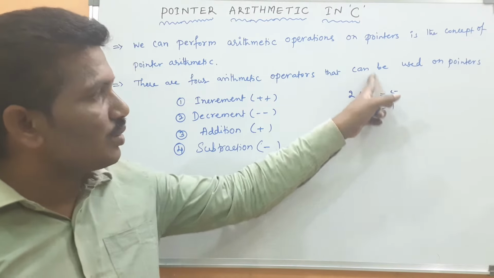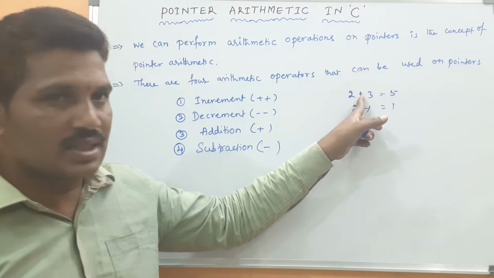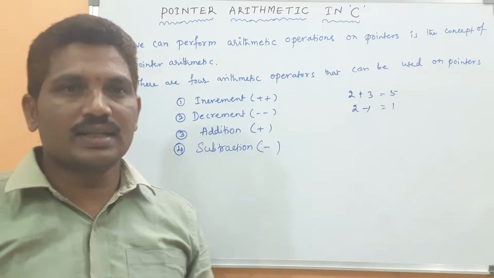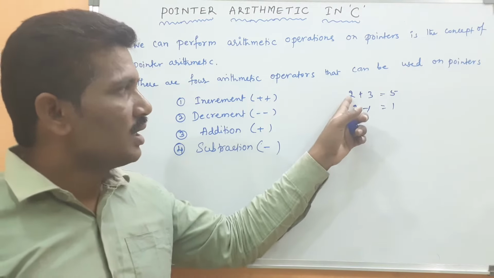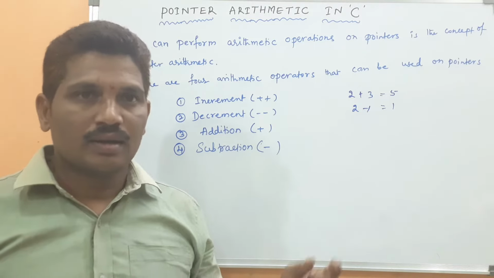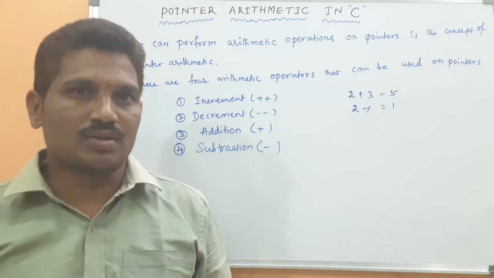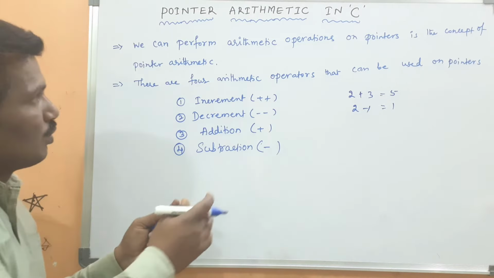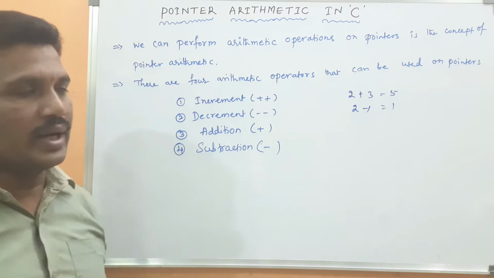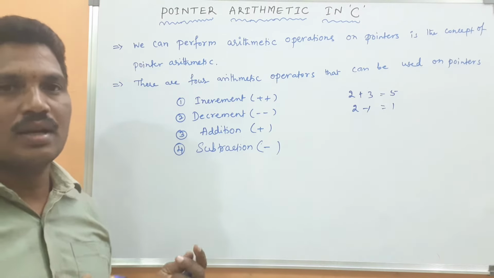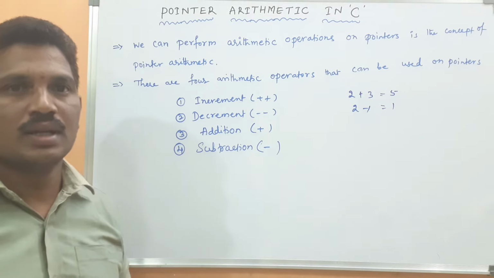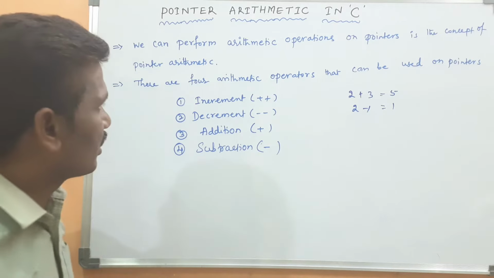Here we are performing the addition operation, and here the subtraction operation, on the integer data type. We can also perform them on characters. But here we can perform the arithmetic operations on pointers. Whenever you perform operations on pointers, that concept is called pointer arithmetic.